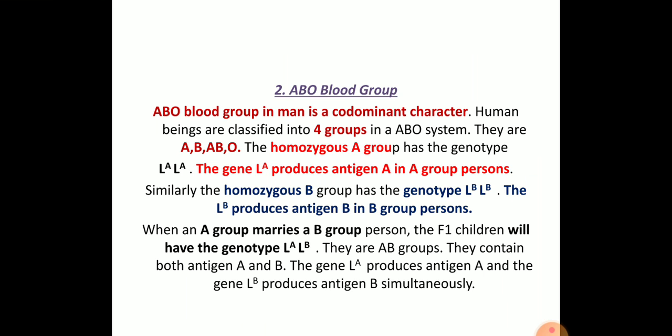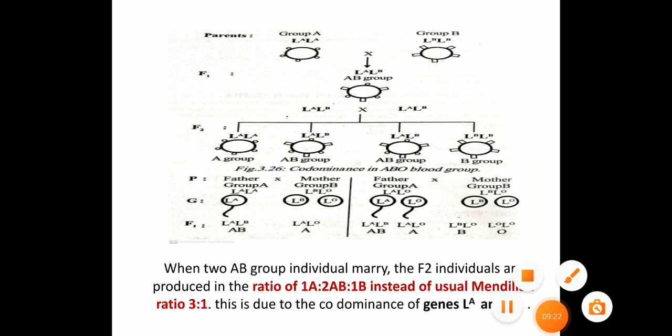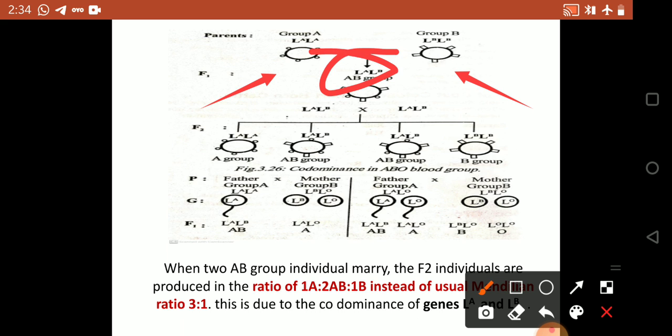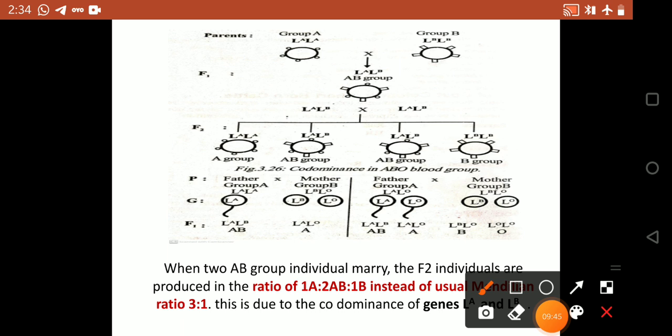Now take the example when an A blood group man is married to a B blood group woman. There the combination of the genes LA and LB takes place, and that leads to the formation of the AB blood group.